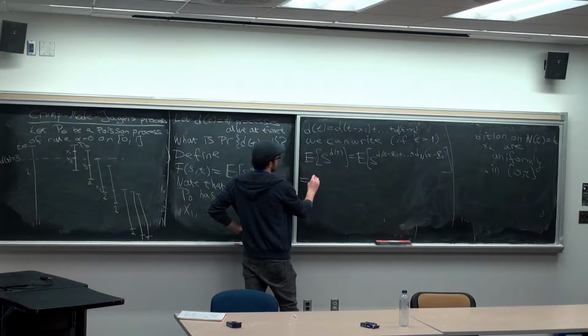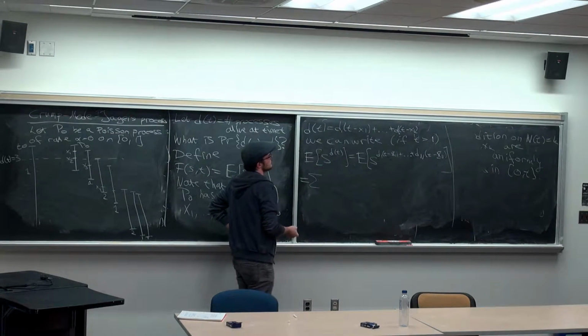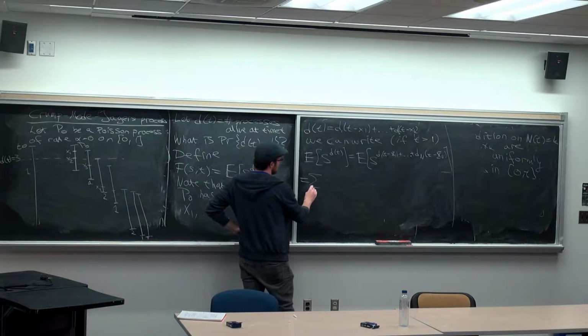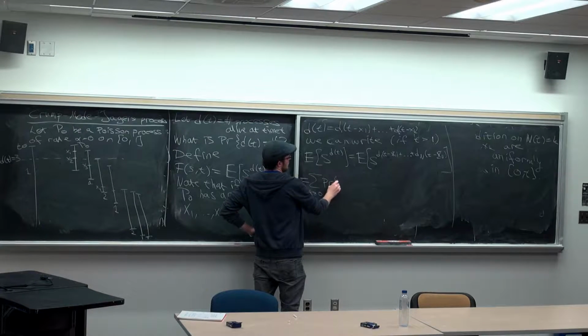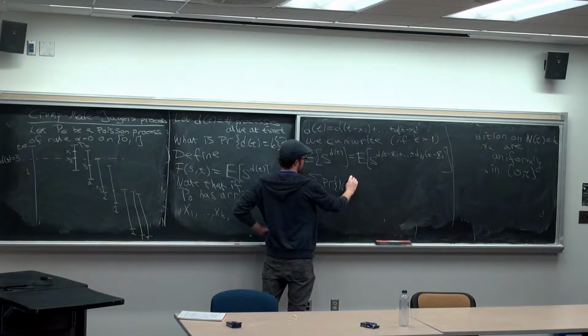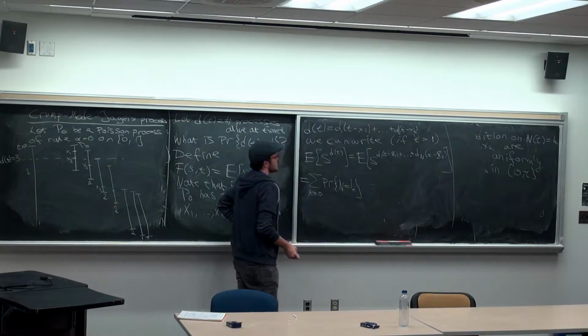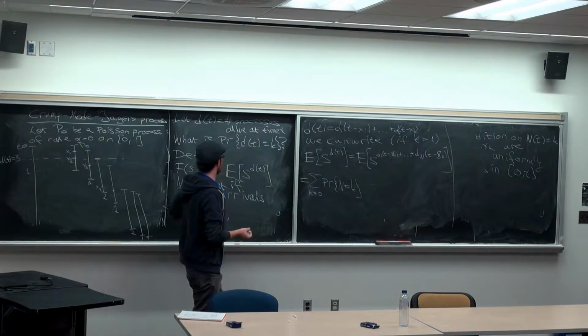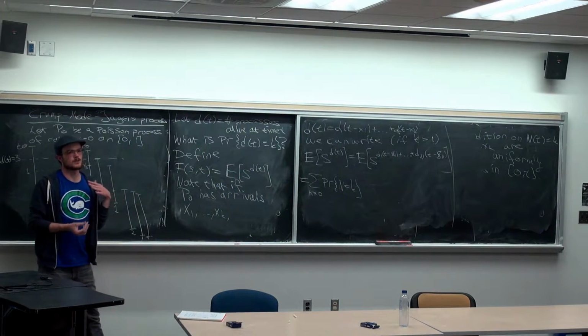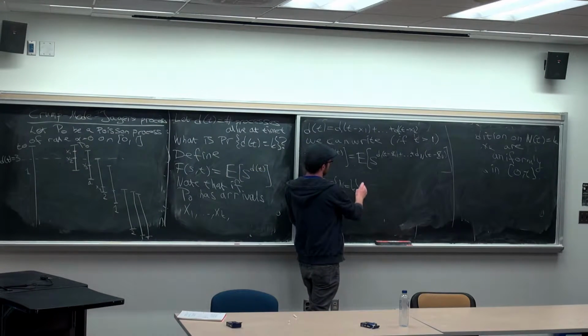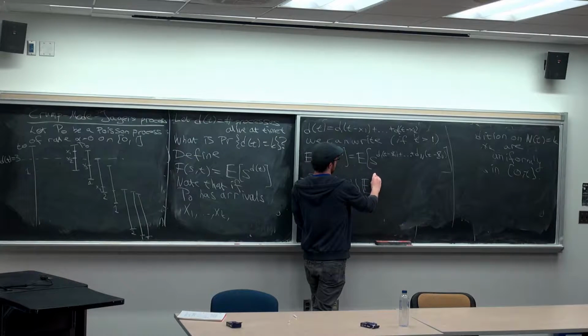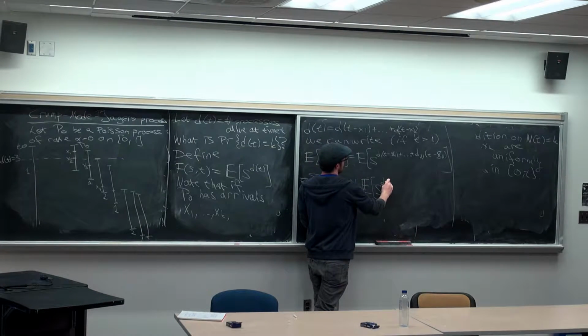So what I'm going to do here is first condition on the number of arrivals in the first process. That is Poisson distributed with rate alpha. That's the total number of arrivals in one process. And then this expectation becomes s raised to D1.